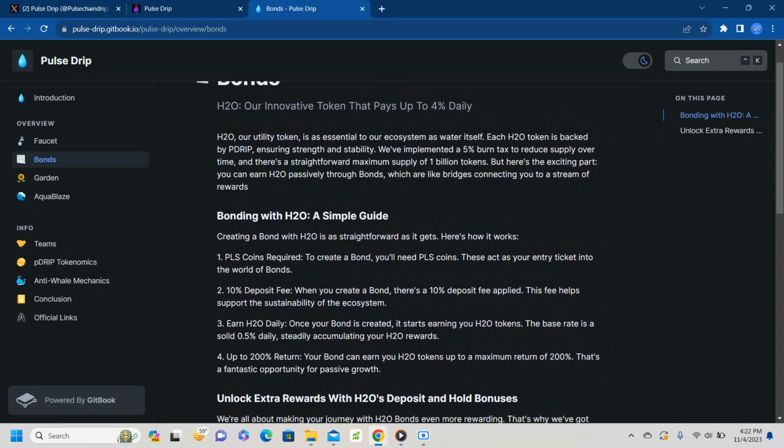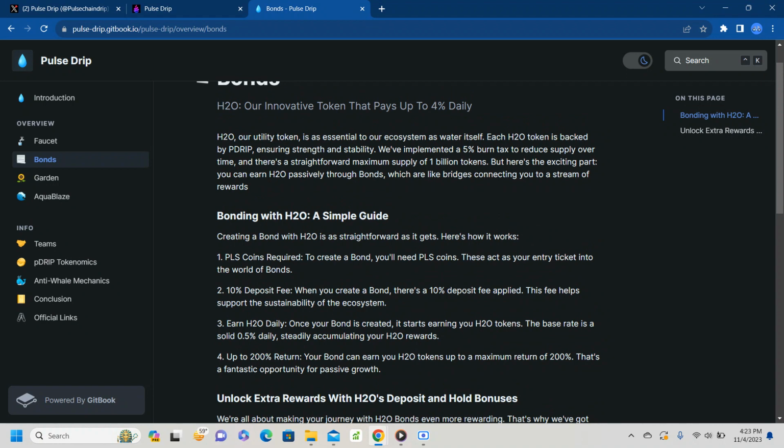It says H2O, our innovative token that pays up to 4% daily. It says H2O, our utility token, is as essential to our ecosystem as water itself. Each H2O token is backed by PDRIP, ensuring strength and stability. So again, PDRIP will be providing liquidity for H2O on the back end.